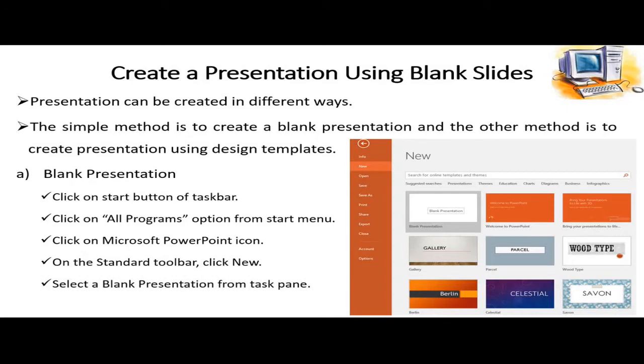So you have to select a blank presentation from the task pane. Once you have selected it and double click on it, it means that you have created a blank presentation. After the slides, we'll do it practically, so you will understand it better over there.